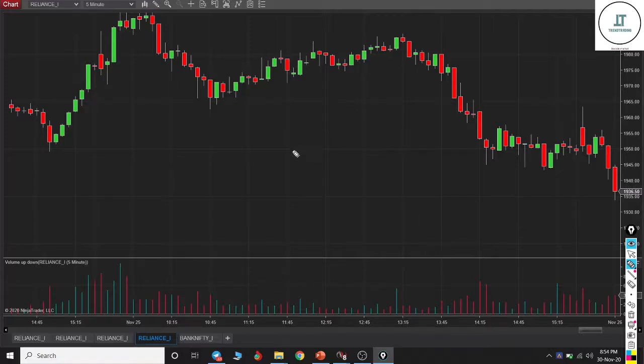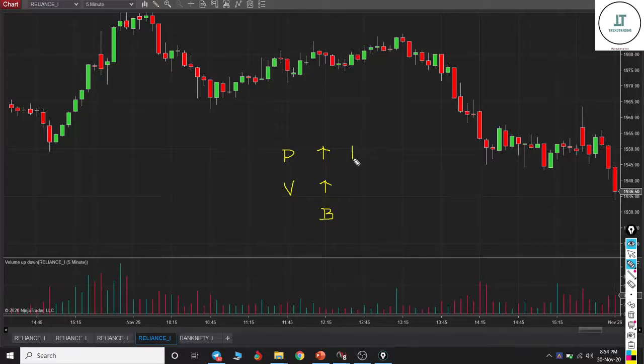First of all, price and volume. If price increases and volume also increases, then buyers are showing more interest. Note it down, very important.